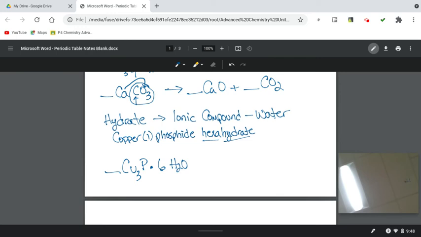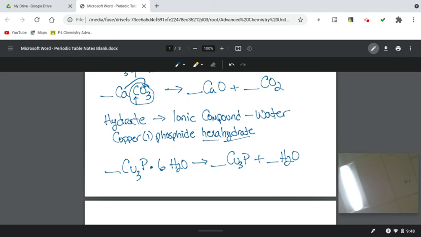Now, why is it 6 waters? Well, hexa means 6, hydrate means water. Now, when this hydrate decomposes, all that's going to happen is the ionic compound and the water are going to unbond from one another. So one of your products is going to be Cu3P without oxygen or water connected to it. And the other product is going to be water, which is now by itself.